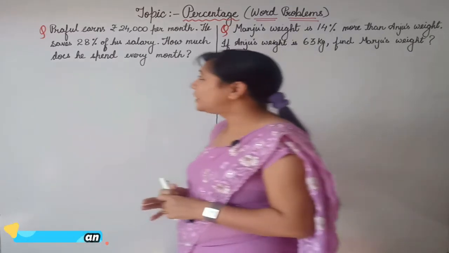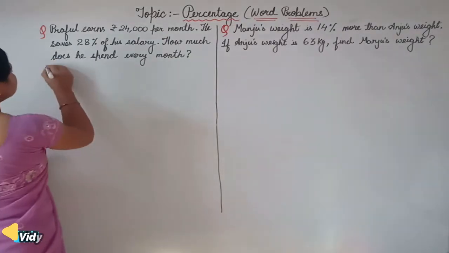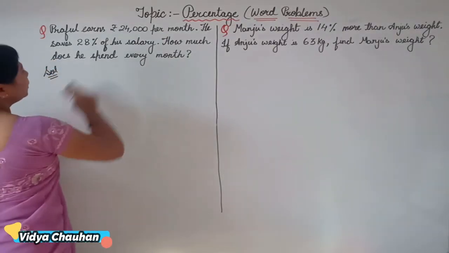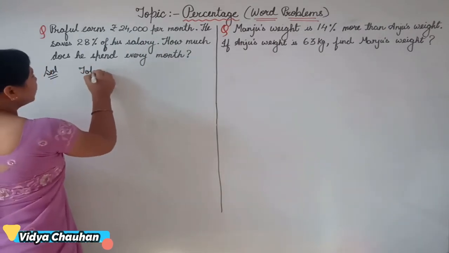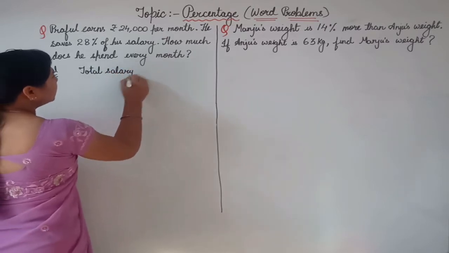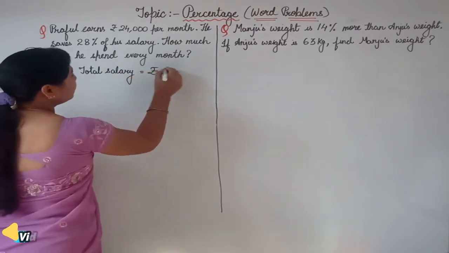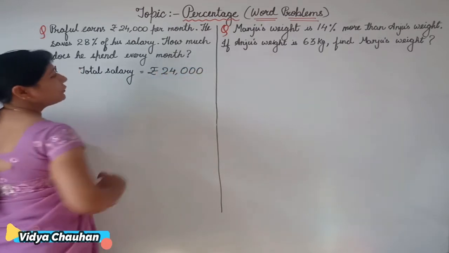So let's find out. Very first we will be writing the things which are given to us. What is the first value given to us? The total salary per month. What is the total salary of Praful every month? Rupees 24,000.